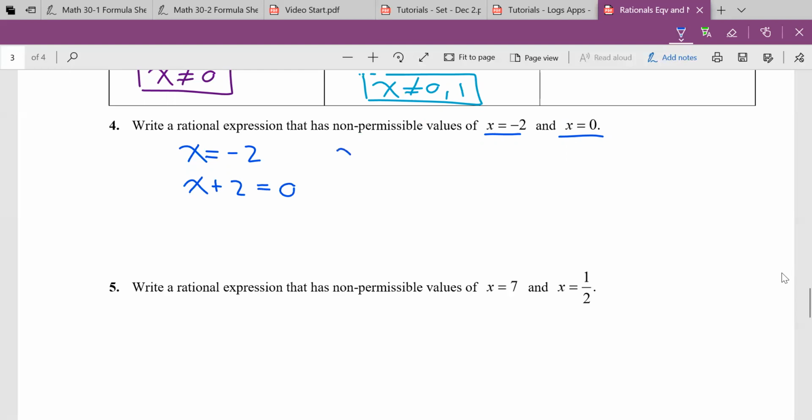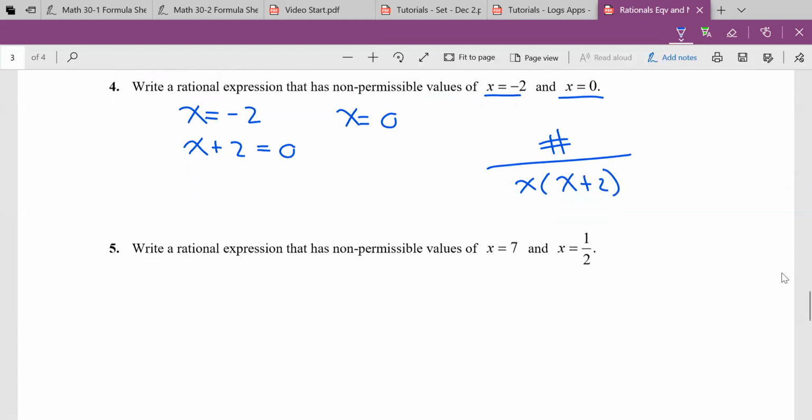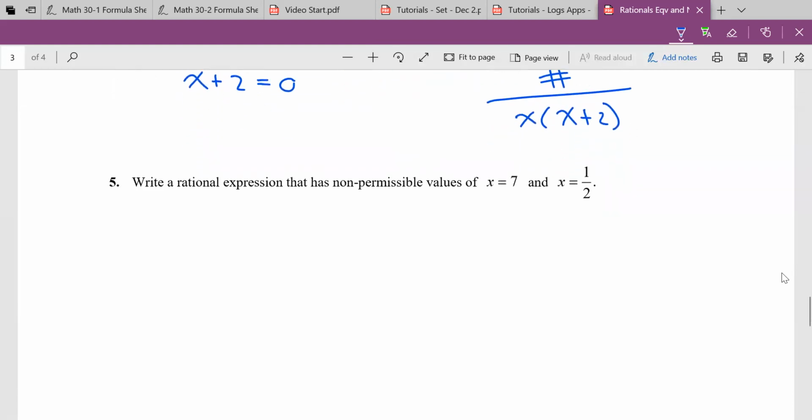And x equals 0, well, that's just x equals 0. So now I'm going to just simply make an expression. X plus 2. I don't care what goes in the numerator. You can put whatever you want, but in the denominator, I have to see x plus 2. So this is working backwards. We're almost reverse engineering the question.